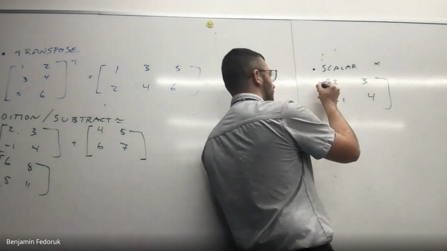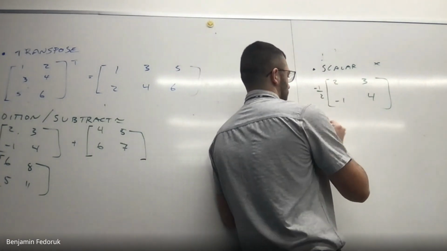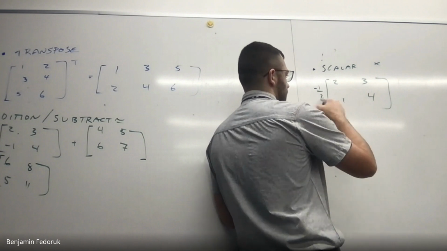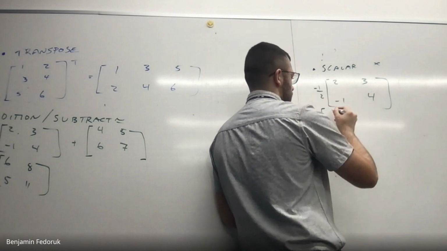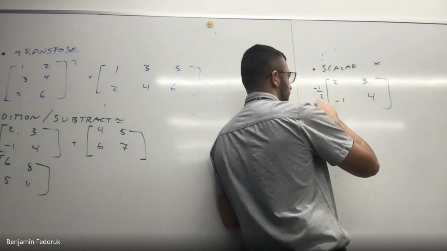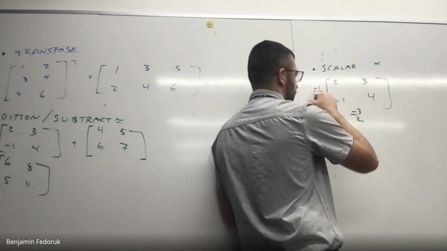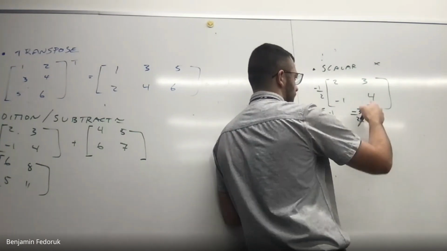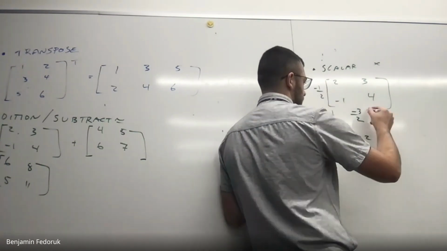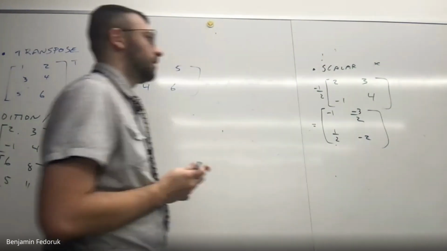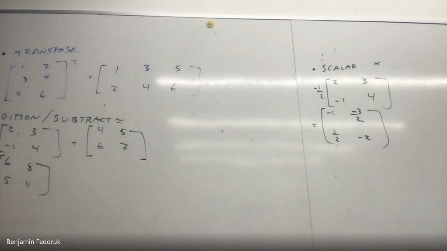Maybe I'll do negative a half just for fun. Then negative a half times 2 is negative 1. Negative a half times 3 is negative 3 over 2. Negative 1 times negative a half is a half. 4 times negative a half is negative 2, right? Just multiply every entry in the matrix by the number.